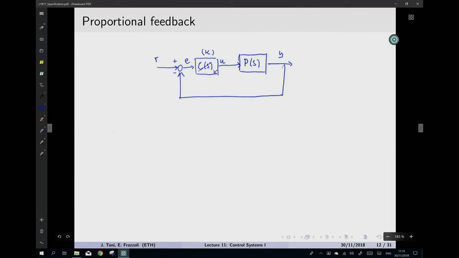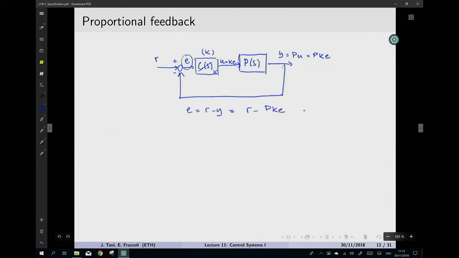And, well, what is U? U is K times E, right? And what is Y? Well, Y is P times U. And this is P times K times E, right? So what is E? Well, E is equal to R minus Y. So this is R minus PKE.